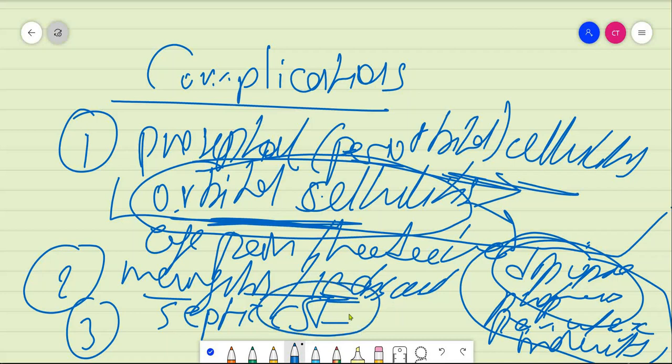The symptoms are really similar to intracranial abscess or meningitis, but more likely the symptoms will localize to the cranial nerves that pass through the cavernous sinuses.